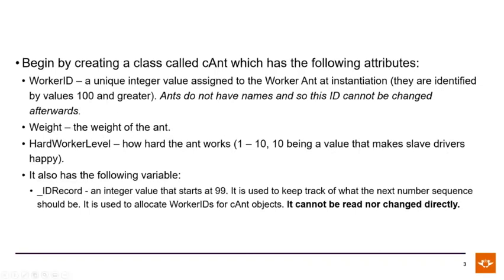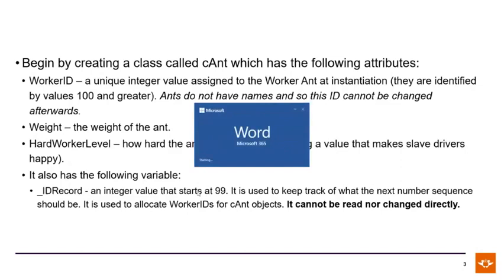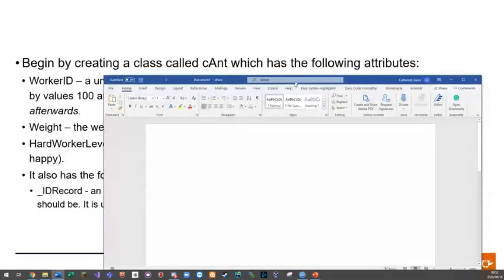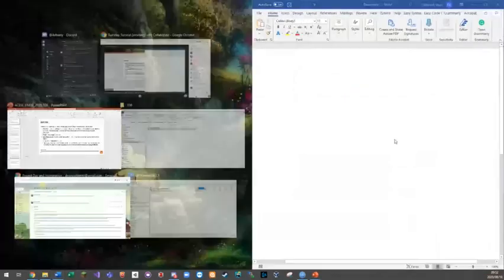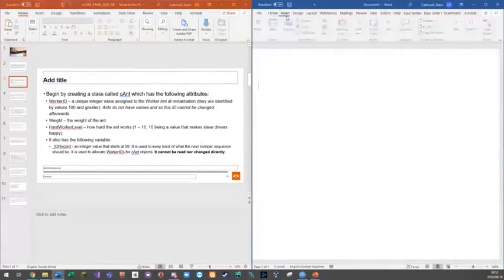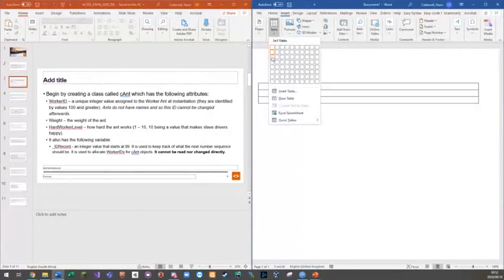So let's work through a class diagram. I'm going to open up a Word document for this, and I'll put that there so we can see both of them. Insert table 3.